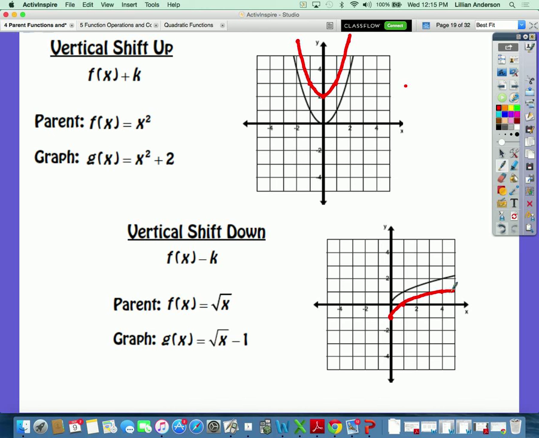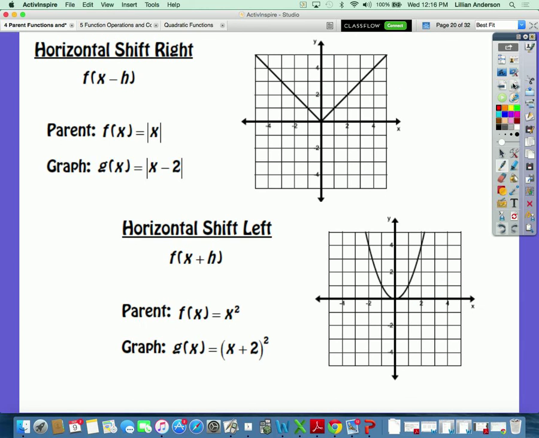Everybody see that? Yeah. Okay? And thus, those are your vertical translations. Okay? Move up, down. Plus k, minus k. Okay? Now don't be confused with the horizontal translation. If you notice, the constant now is inside with the x.